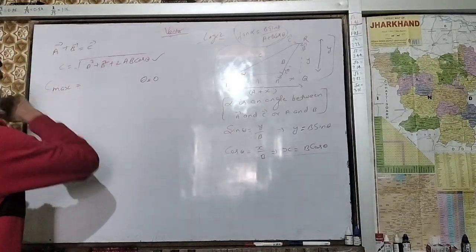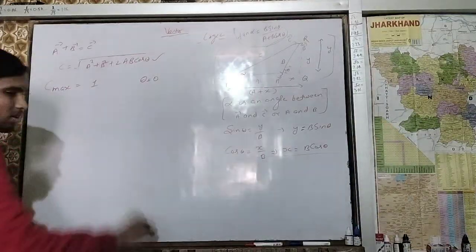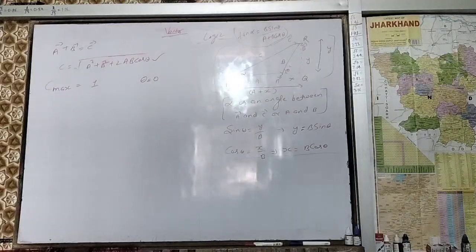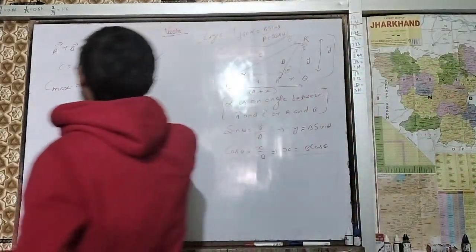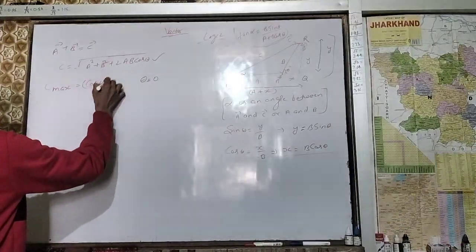In that case, cos theta, cos 0, is equal to 1. So this 1 came from cos theta at its maximum.